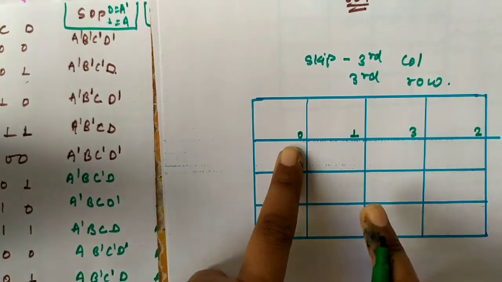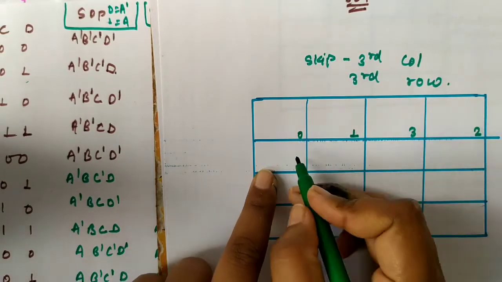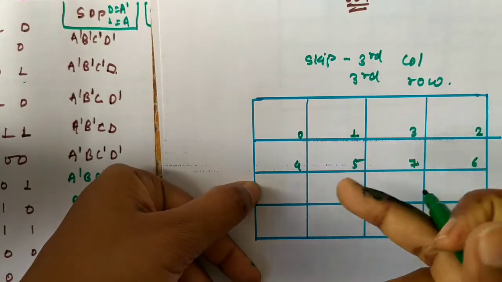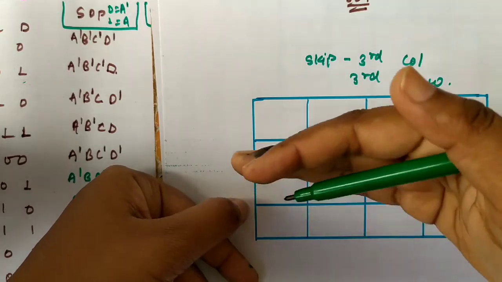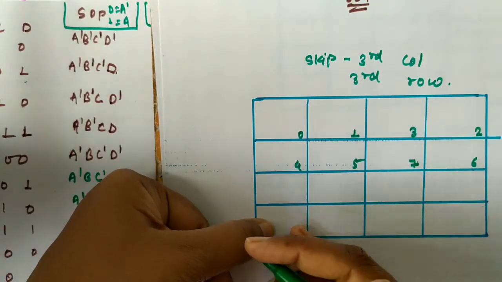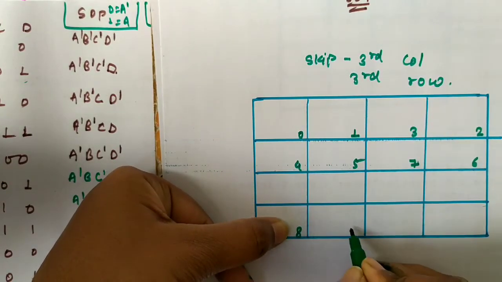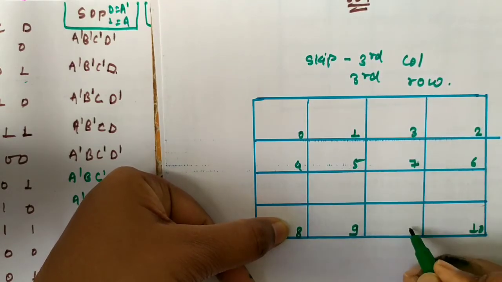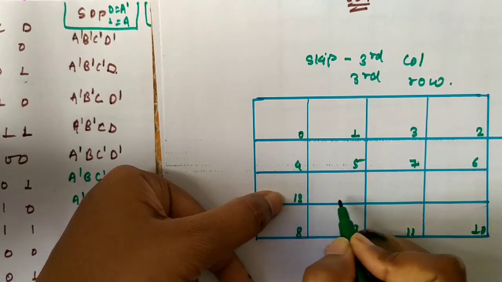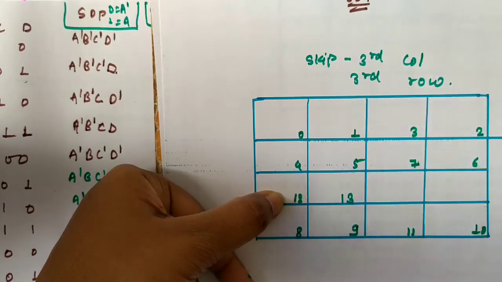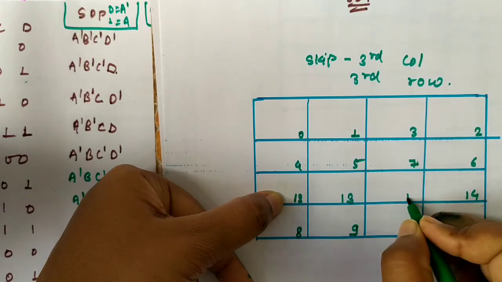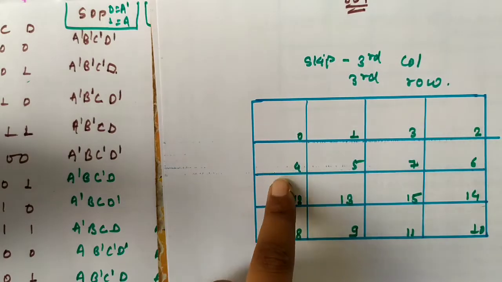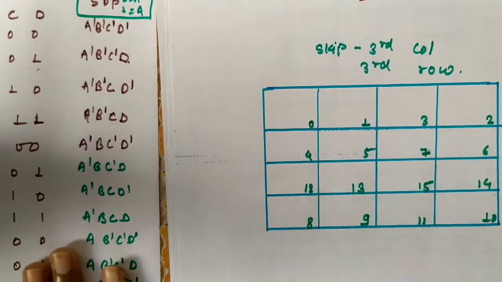So jump 0, 1, 2 and 3, 4, 5, 6 and 7. After the 7, this is the third row, so we have to skip this and move to the next row. So after the 7, that is 8, 9 and this is the third. Skip and jump 10, then 11. After that here is 12, 13. After this skip that, 14 and 15. So 0 to 15, there are a total of 16 boxes to fill for this SOP expression.